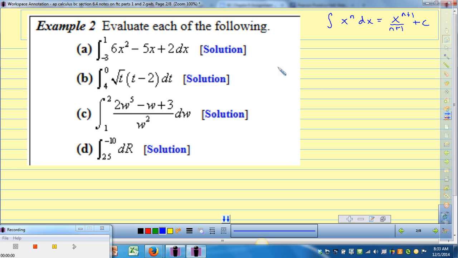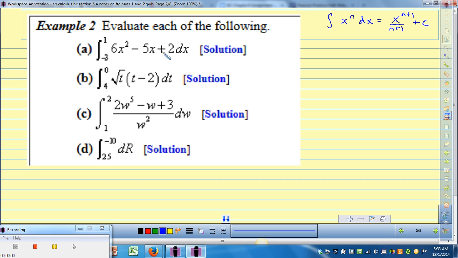All right. So on all of these, the first one is very basic. Keep your constants out in front and integrate things that are added and subtracted. Now, before you start writing anything, please note, with integration, there is no product rule, there is no quotient rule, and there is no chain rule.